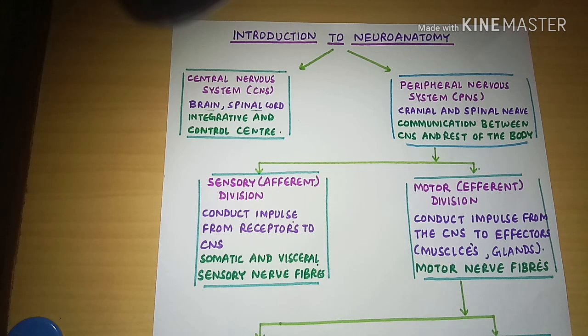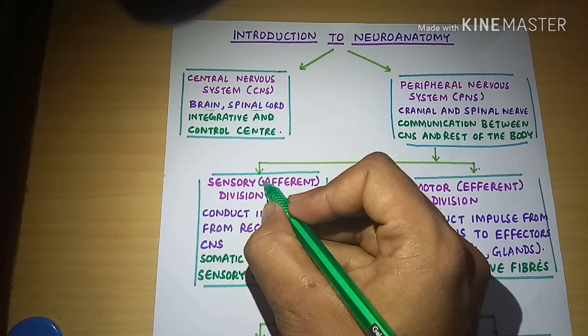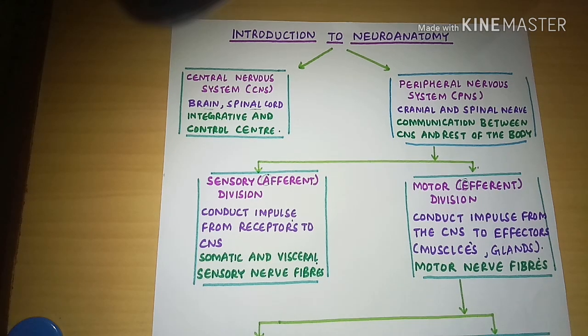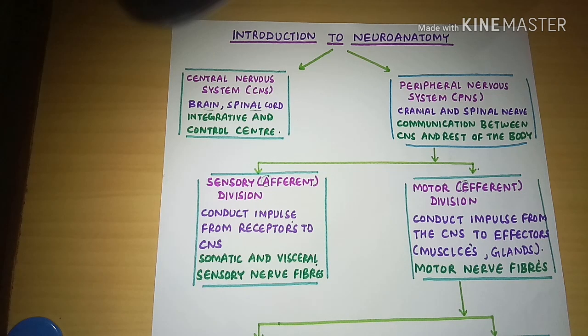The sensory division is also called the afferent division, and the motor division is also called the efferent division, or the effector division. The motor division and the sensory division are the parts of the peripheral nervous system.